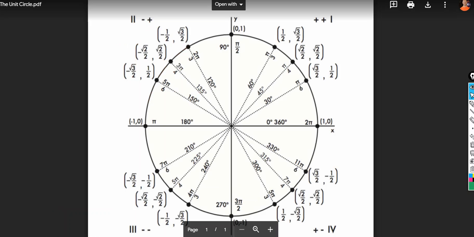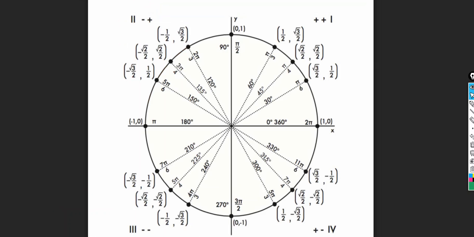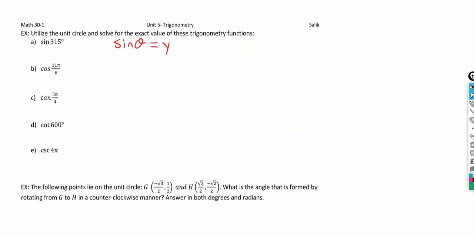So 315 degrees. So that's right there, right? So 315. Okay, well, that's a half, right? My y value, oh, not a half, sorry, my bad. Can't keep going down. 315 was negative root 2 over 2. And that's it. That's all we have to do. We don't have to do any more math as long as you have that unit circle memorized. So negative root 2 over 2.